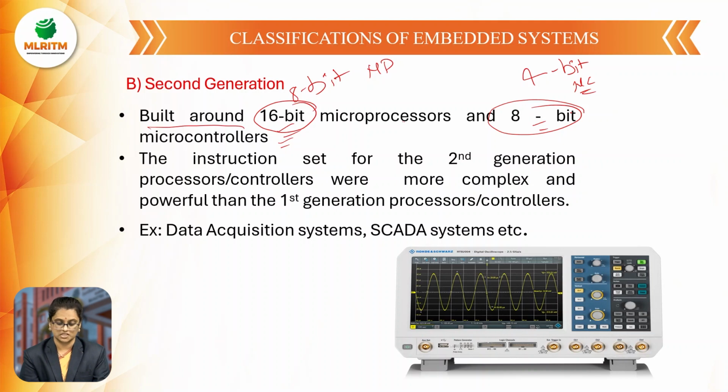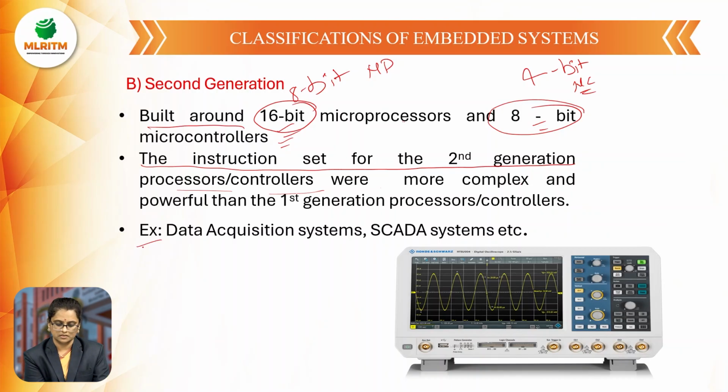The instruction set for second generation processors and controllers was more complex and powerful than the first generation. In the first generation, hardware and software were very simple, but in the second generation they are very complex compared to 1G.